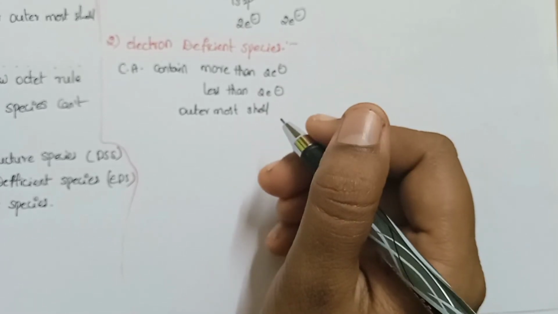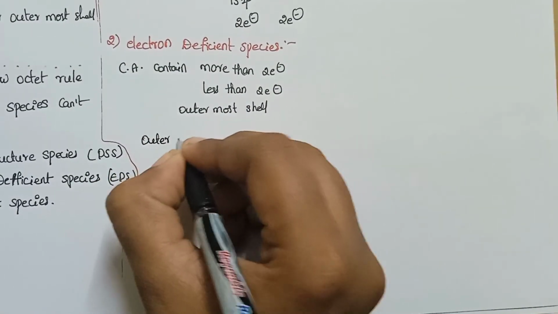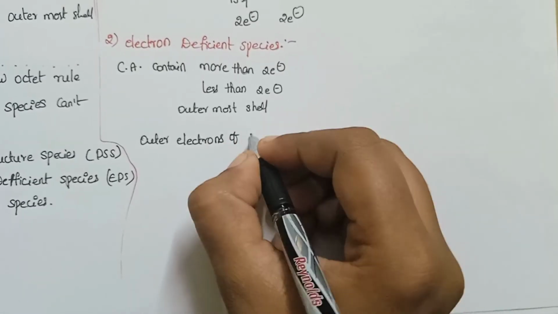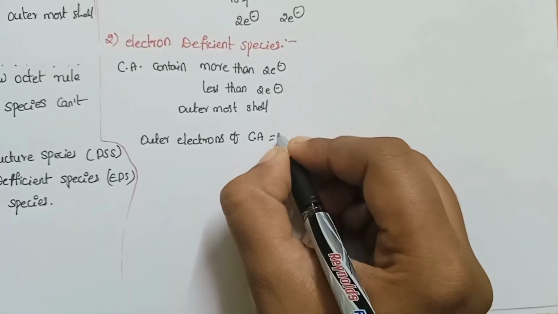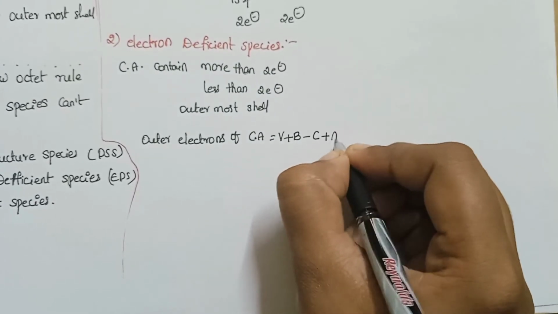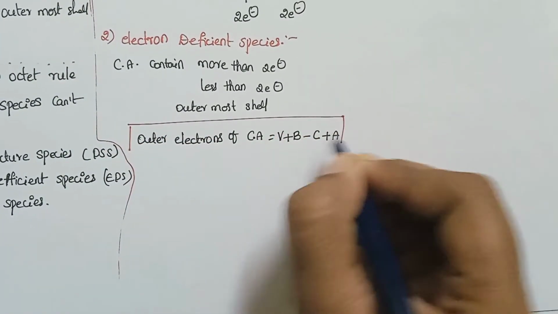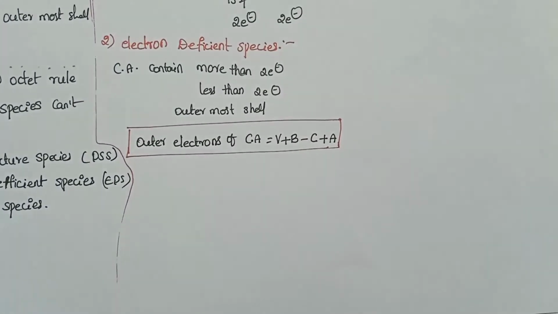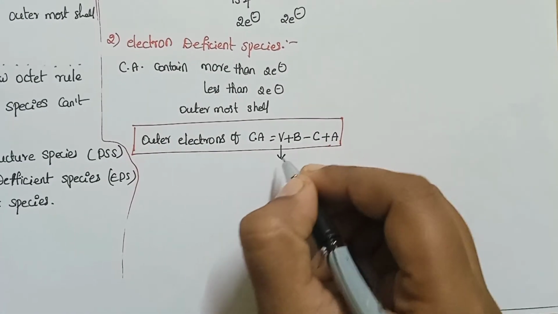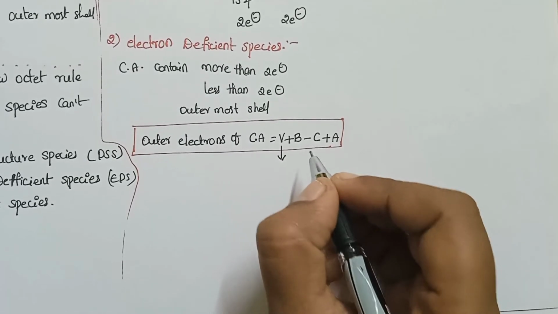So the equation: outer electrons of central atom is equal to V plus B minus C plus A. V means number of valence electrons of central atom in free state.